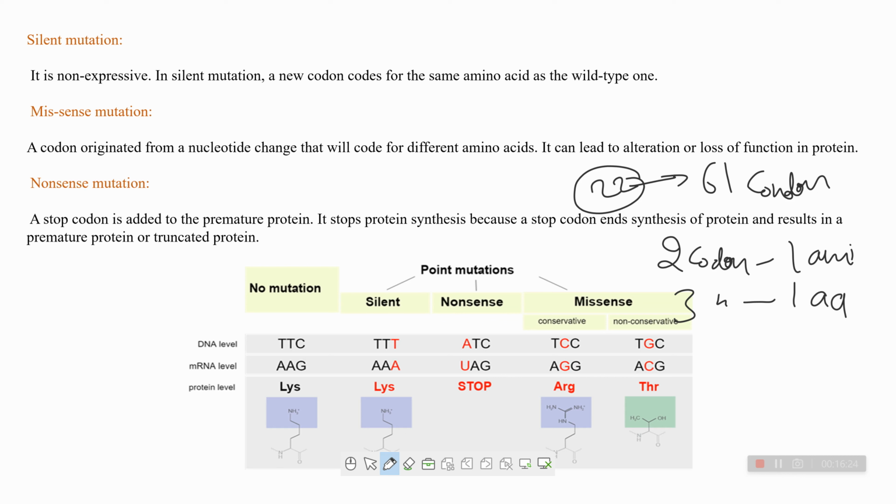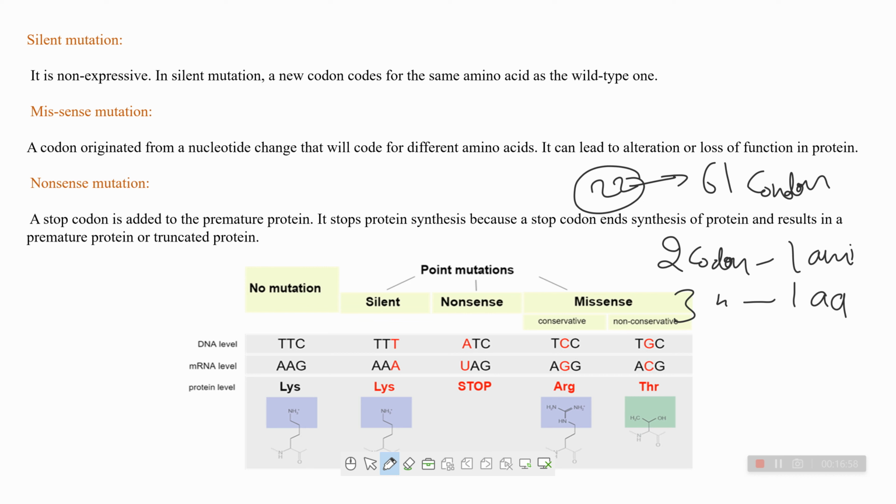So in silent mutation, what happens? If a mutation takes place, meaning an insertion or deletion of a nucleotide takes place, and after that a point mutation occurs in the codon, but that codon codes for the same amino acid, it means there is no change from the wild type.